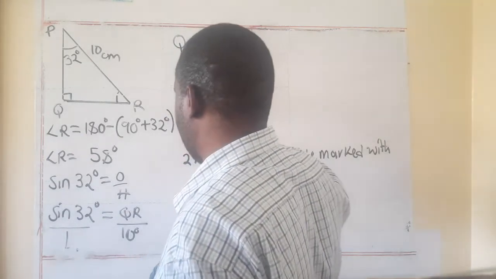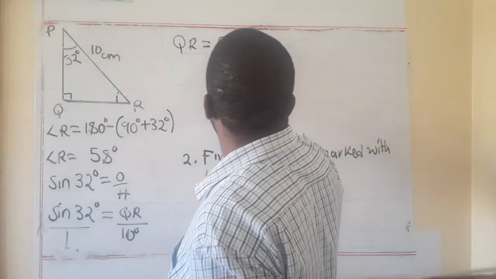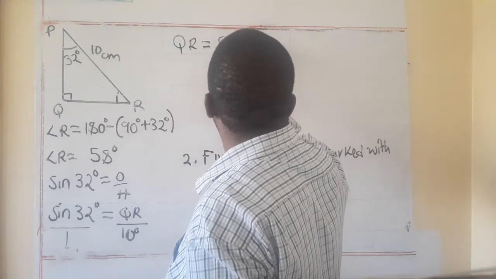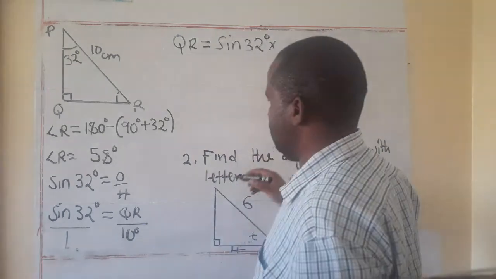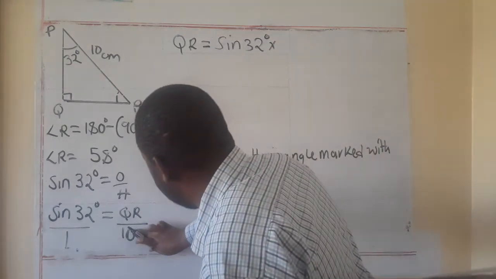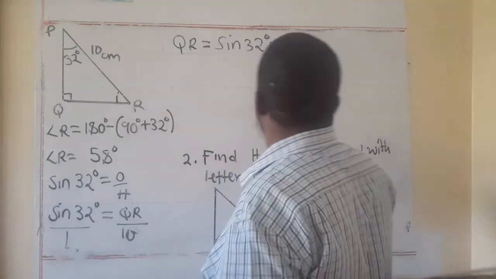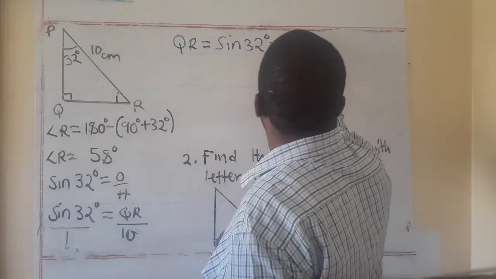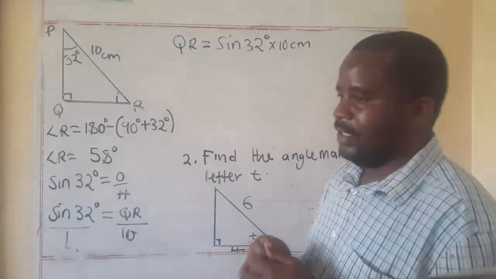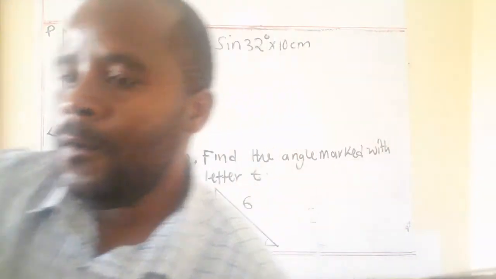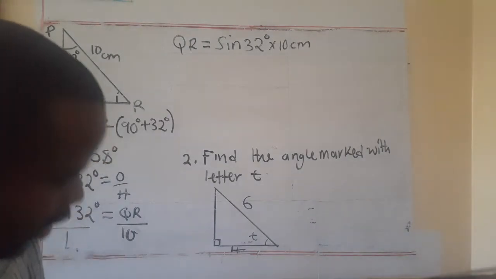to be sine 32 degrees. You multiply that by, these are not degrees, but they are centimeters, okay? By 10 centimeters. What do you get? This one you can do directly on your calculator. But again, you must know the calculator that you are using.